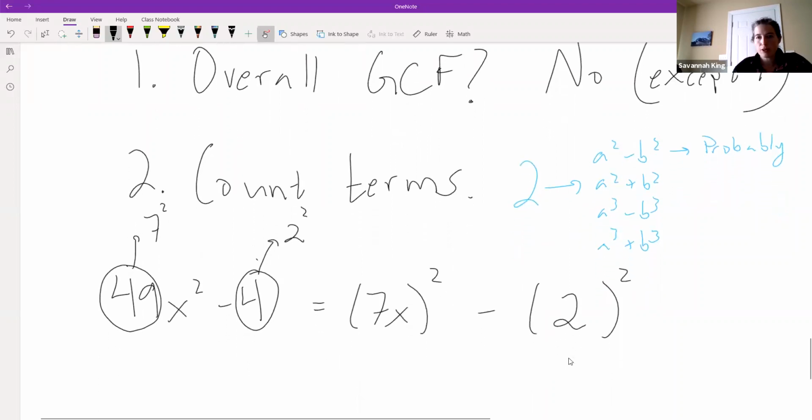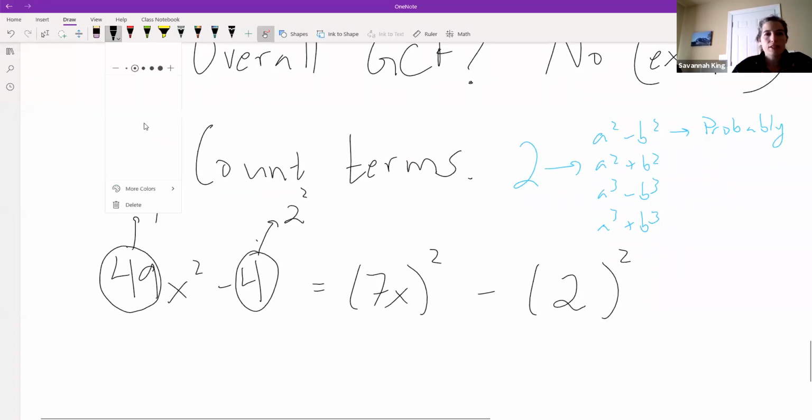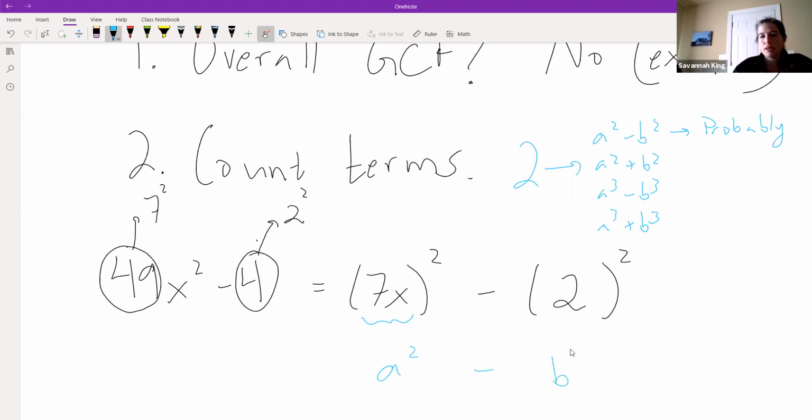So being really careful, this is like a squared minus b squared. What that formula tells me to do is just pull a and b themselves out of there and place them one time separated by a minus, one time separated by a plus.